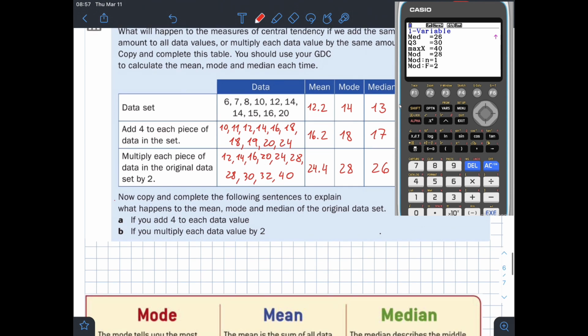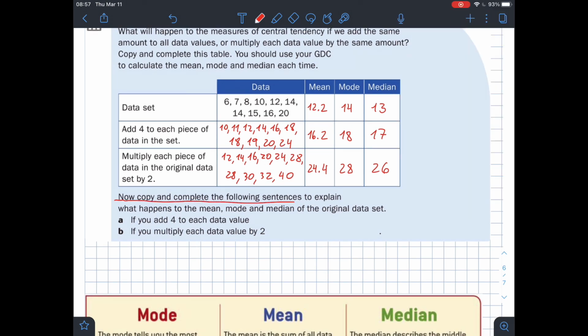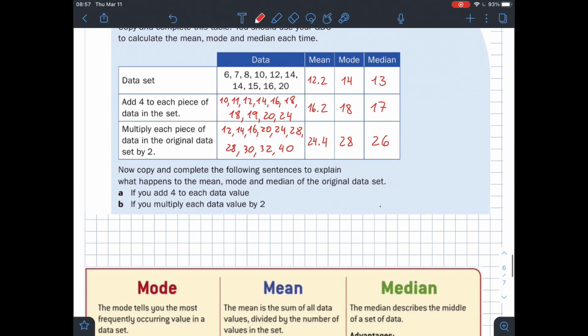So then it says, now copy and complete the following sentences to explain what happens to the mean, mode, and median of the original data set. So A, if you add 4 to each data value, we say that mean, mode, and median increase by 4.